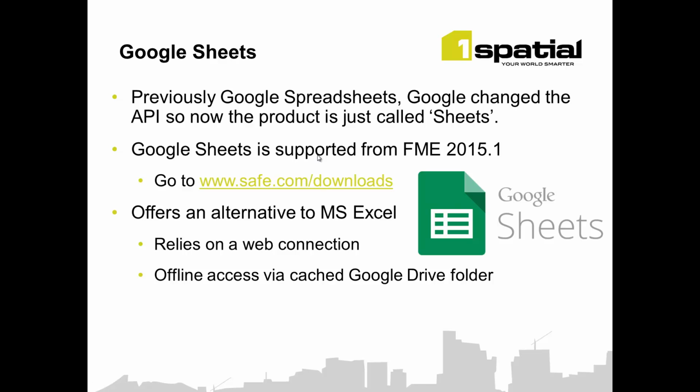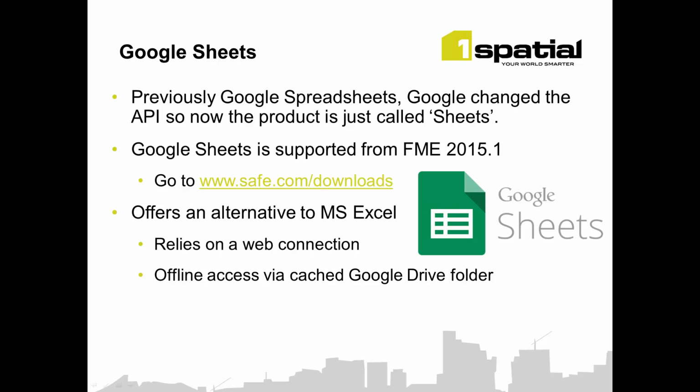As I mentioned at the start of this session, it used to be called Google Spreadsheets, but Google adapted the API and also changed the product name, and as a result SAFE had to migrate their reader and writer functionality in FME, and that meant that that new format came along in FME 2015, the 0.1 release.